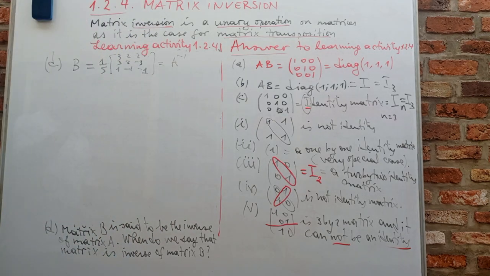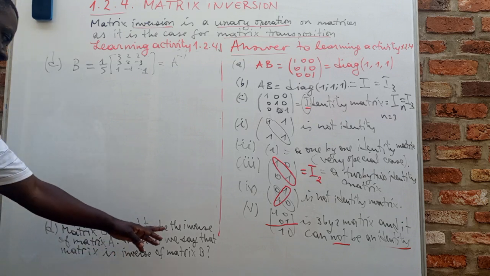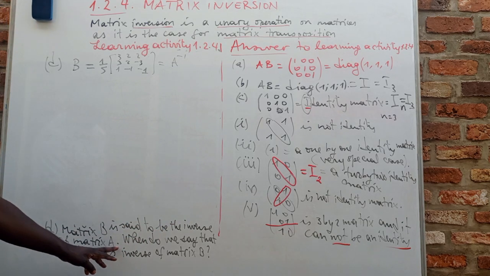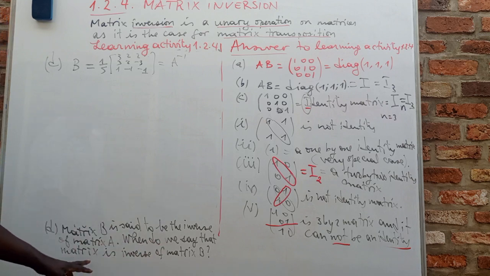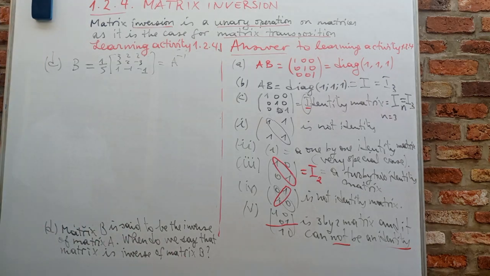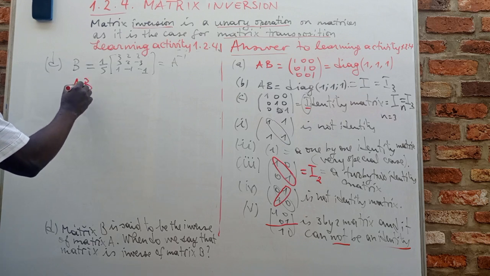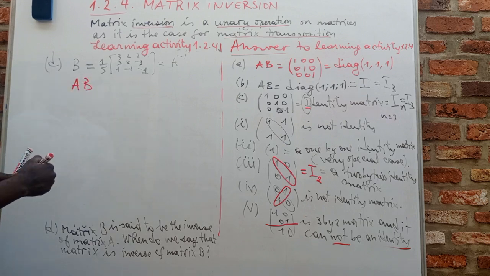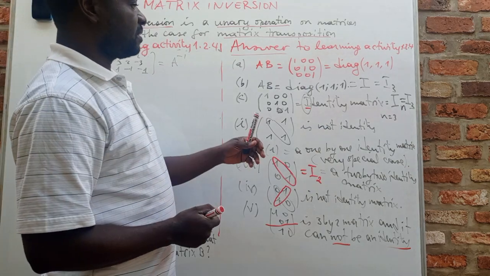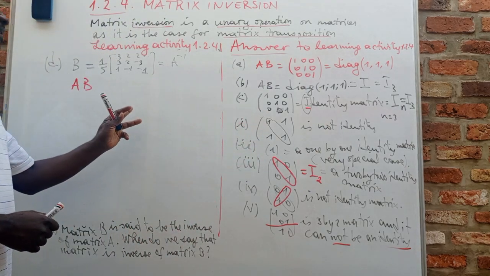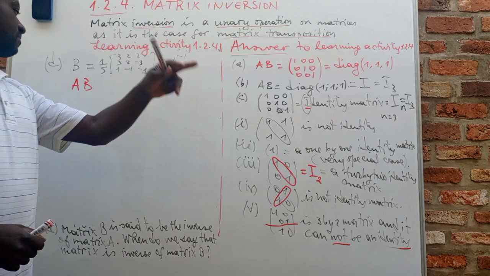Okay. Now, when do we say that two matrices are inverses of each other? When do we say that matrix A is the inverse of matrix B? When a matrix is the inverse of one, that one is also the inverse of the other.